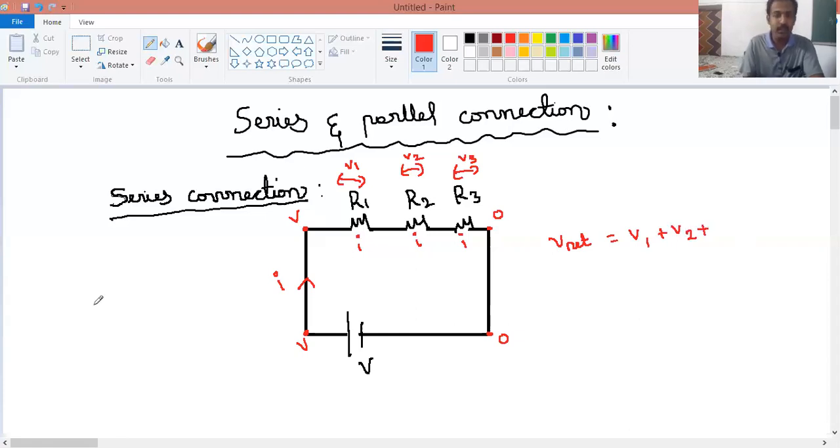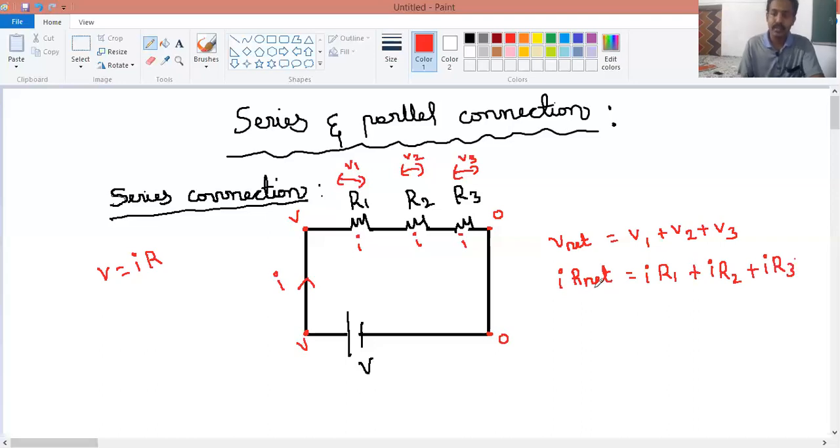According to Ohm's law, we know that V is equal to IR. So V net is I into R net, which is equal to I into R1, because V1 is nothing but I into R1, plus I into R2, because V2 is nothing but I into R2, plus V3 which is I into R3.